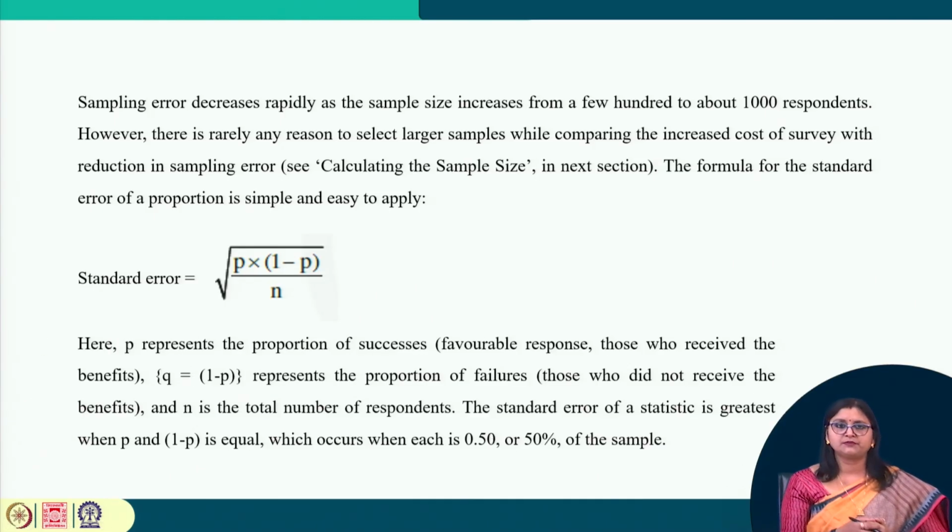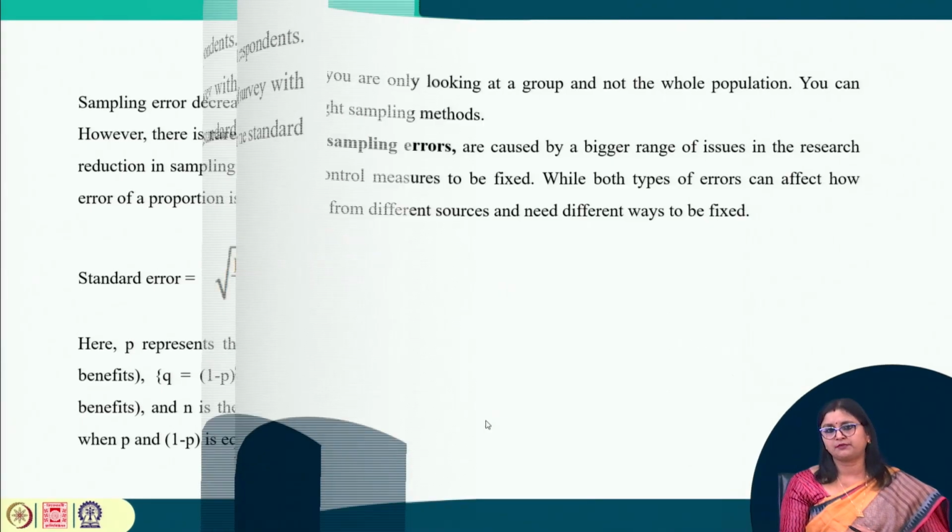Here p represents the proportion of successful, favorable responses, those who received the benefits, and q is equal to 1 minus p, representing the proportion of the failures who did not receive the benefits, and n is the total number of respondents. Thus the standard error of a statistic is greatest when p and 1 minus p are equal, which occurs when each is 0.5 or 50% of the sample.